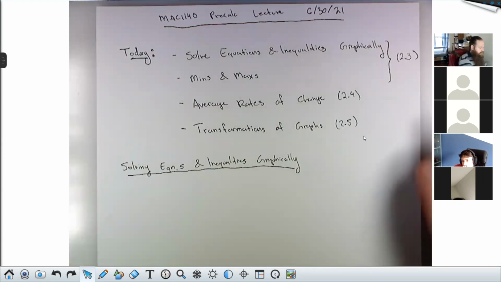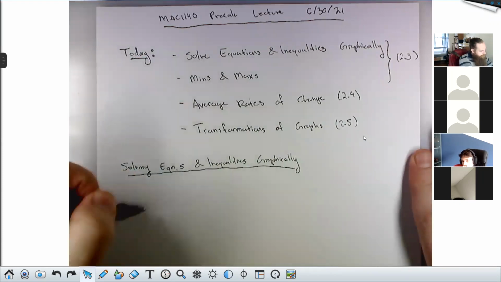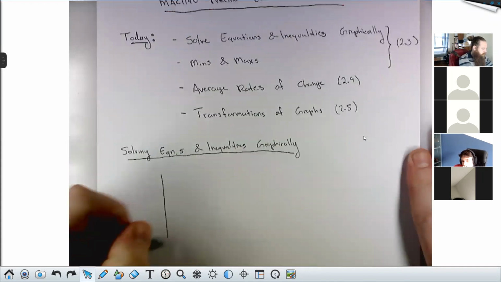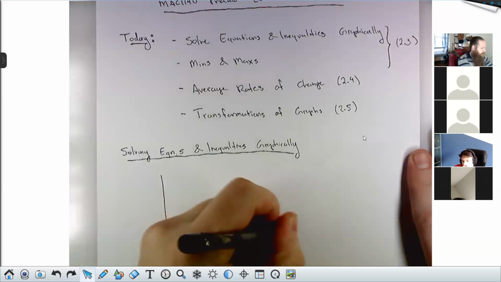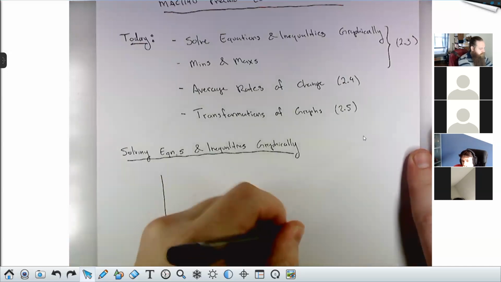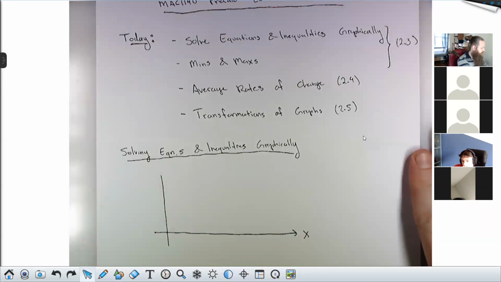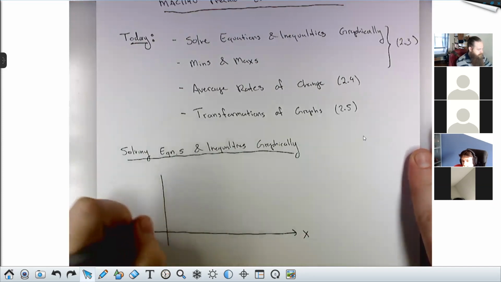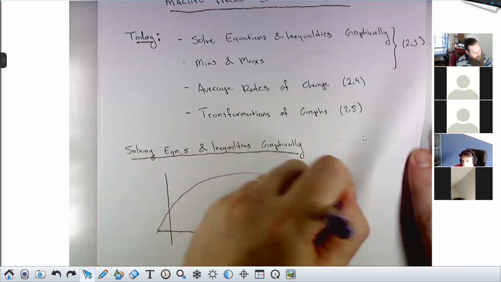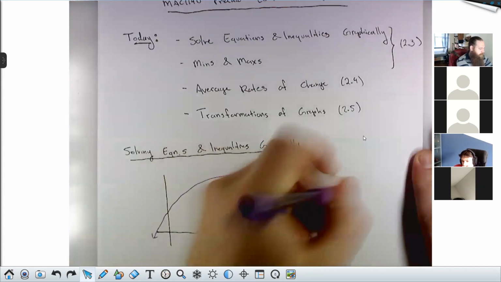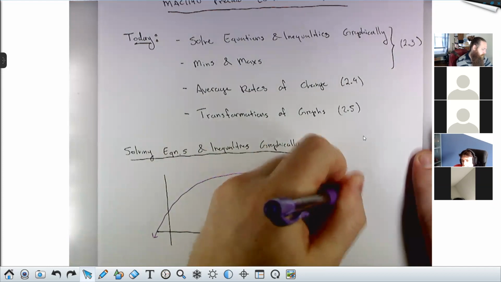The basic idea is this. I'll draw as general a picture for you as I can here, and I'm going to use some different colors. So this will be our x-axis. How's my purple pen working? Is this working well? It is. All right. So I'm going to draw one curve here in purple. I'm going to call this the graph y equals f of x.